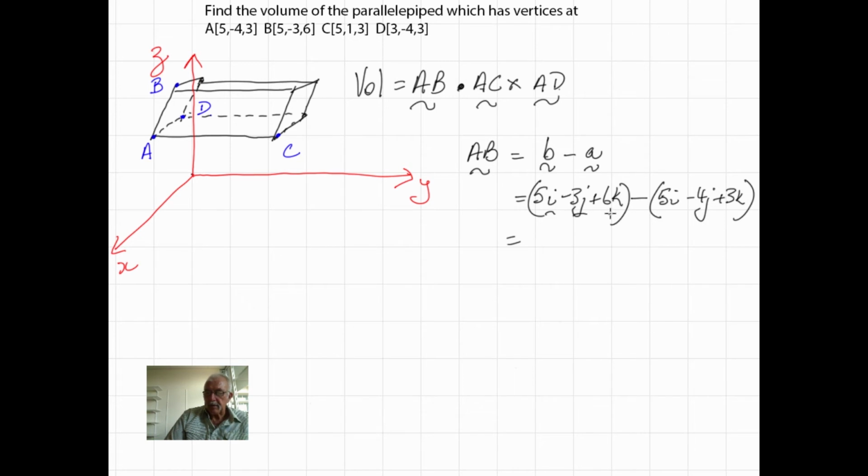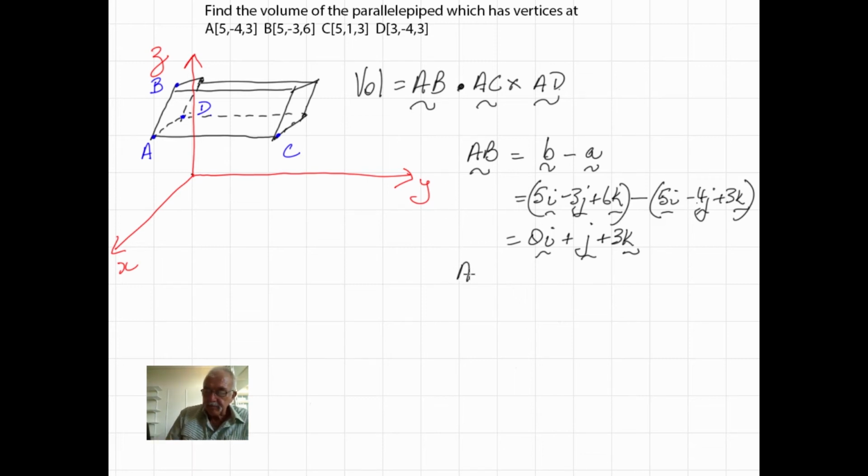And these are all vectors, obviously. 5 minus 5 gives us 0i. Negative 3 minus negative 4, negative, negative, positive, so that'll be 4j minus 3j, which is plus j. And 6k minus 3k will be plus 3k. So my vector to go from A to B will be 0i plus j plus 3k. So that's AB.